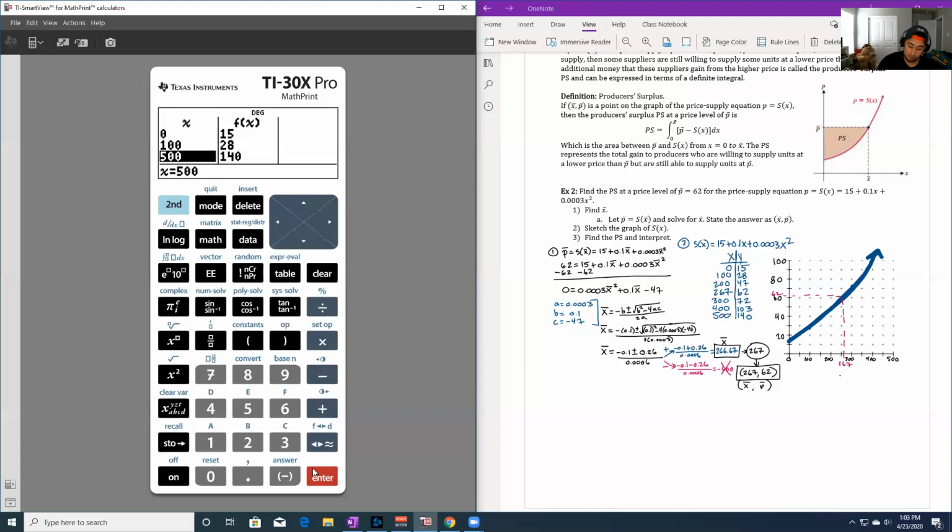Okay, which means we are looking for this area. That's the producer surplus. All right.